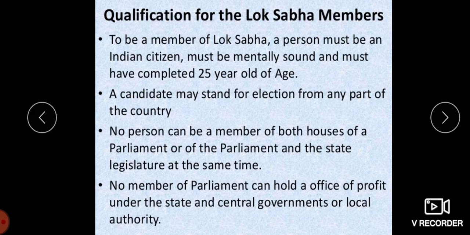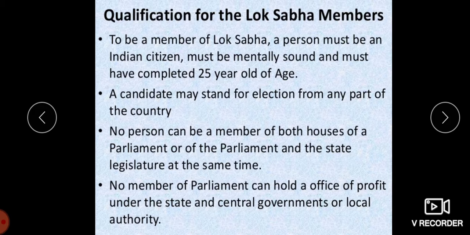Not more than 20 members shall represent the union territories. Thirdly, 2 members of the Anglo-Indian community may be nominated by the president to the Lok Sabha in case he feels that this community is not adequately represented.